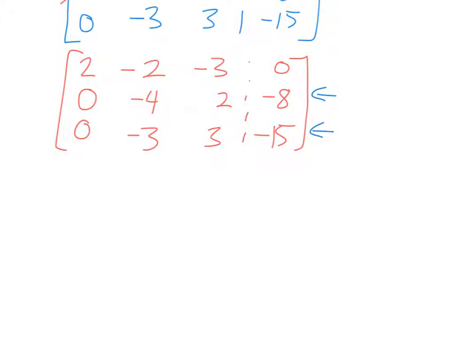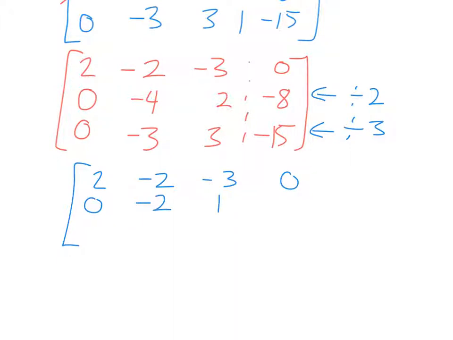Just for the sake of cleaning this up, it might be nice if I were to divide these by 2 and 3 respectively. I don't know if that's actually going to be helpful, but that makes this easier for us to work with. So we got negative 2, we got 1, and we got negative 4. And then in the bottom we got negative 1, we got 1, and we got negative 5.